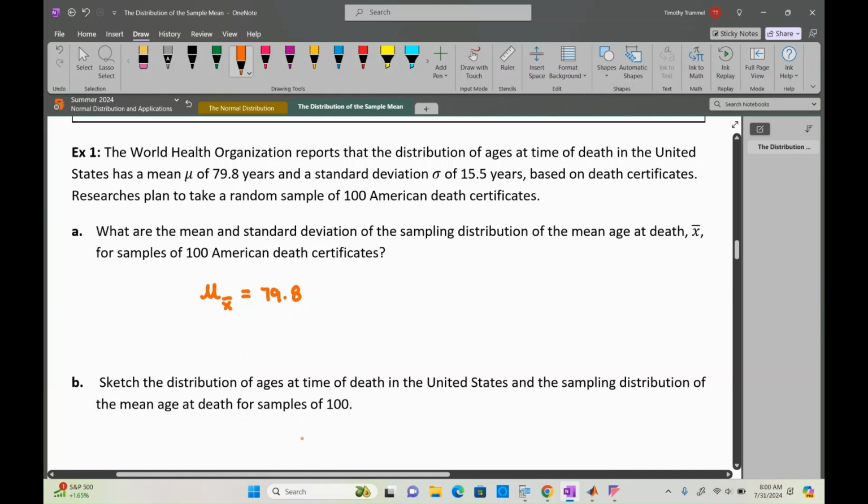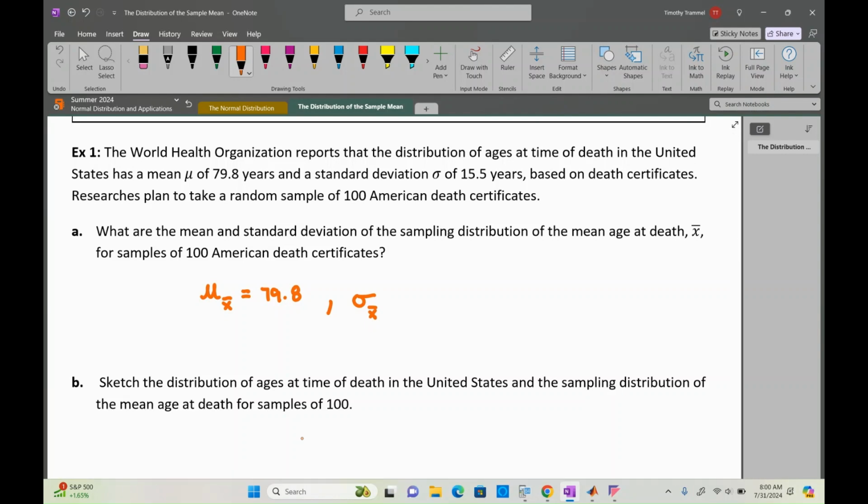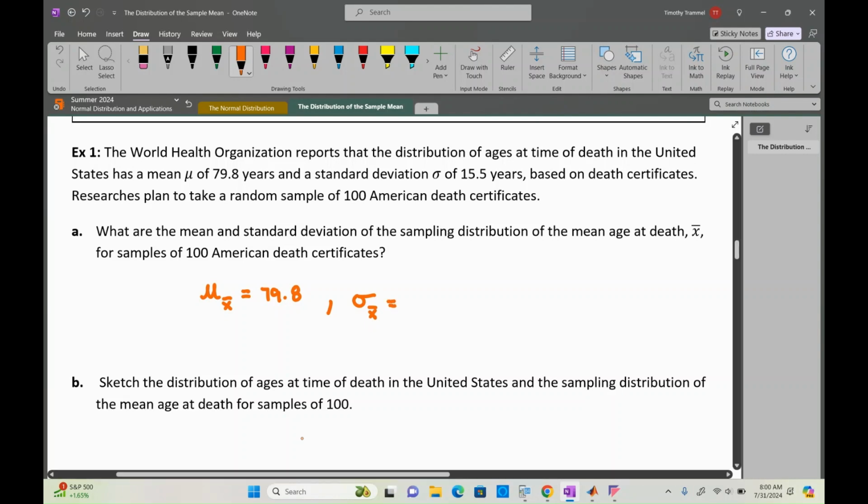All right. The other thing we were asked for was the standard deviation. So the standard deviation of our sampling distribution is just equal to the population standard deviation over the square root of the sample size. So let's go ahead and write in what the population standard deviation is.